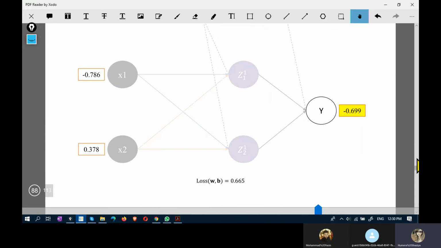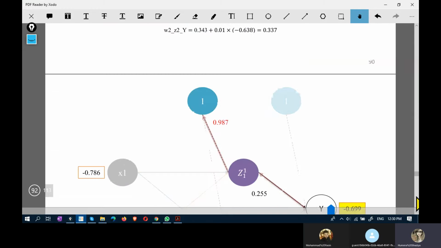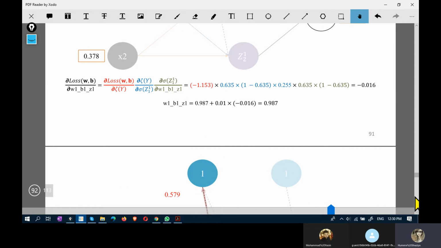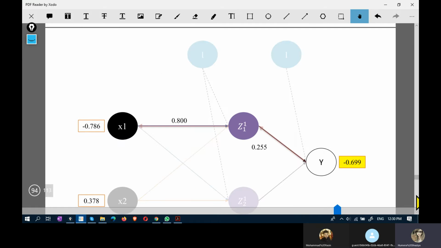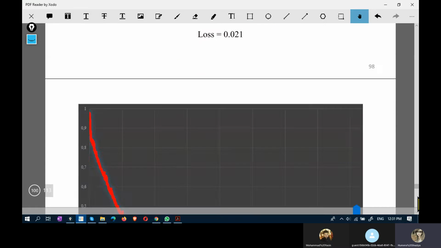For instance, prediction of house prices, price prediction for a newly entered shoe or any price prediction, weather prediction, marks prediction, that is regression.